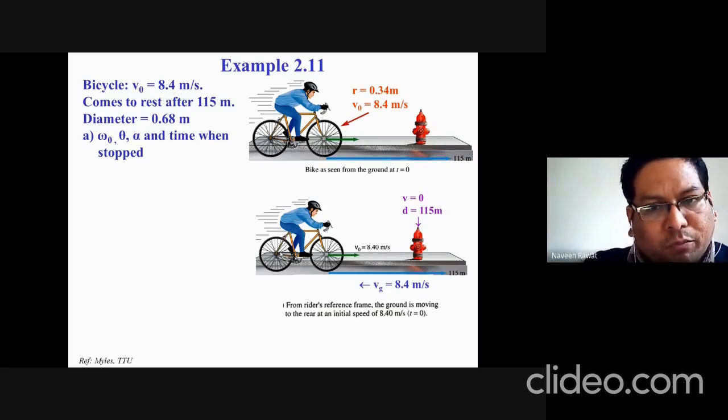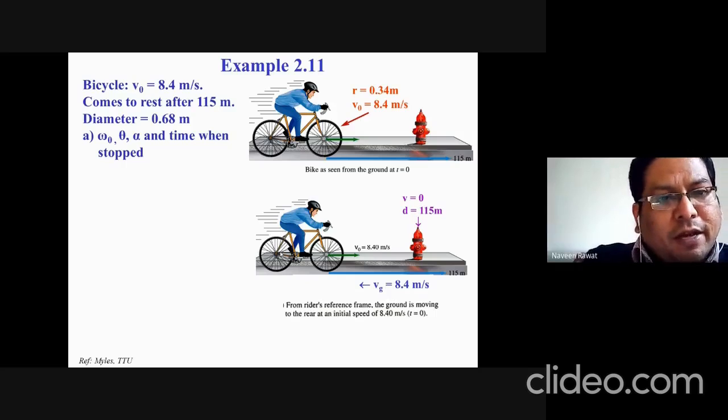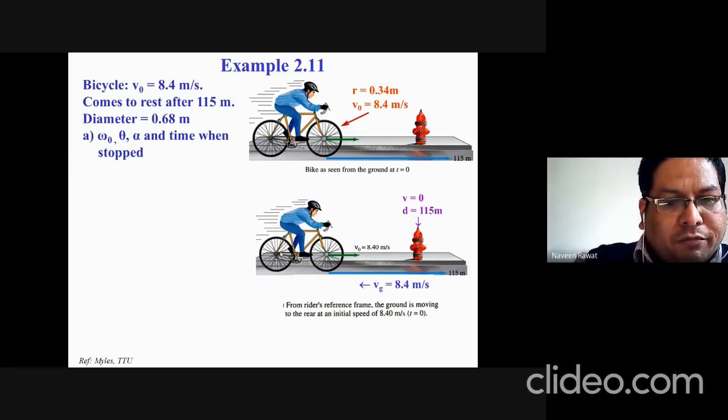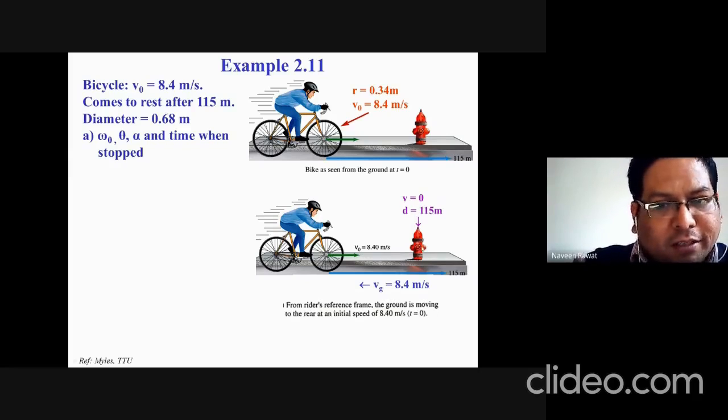Okay, so the radius is 0.34 meters. So we want to find the values of omega, alpha, the acceleration, and the time when this bike will come to a stop. Okay, and if it does that, then it can avoid hitting this fire hydrant.